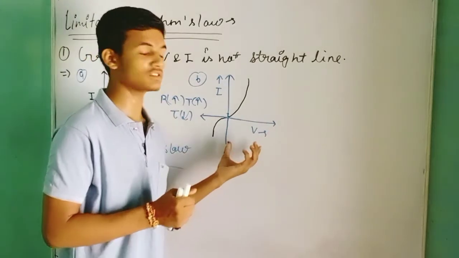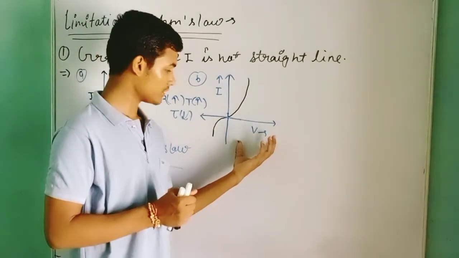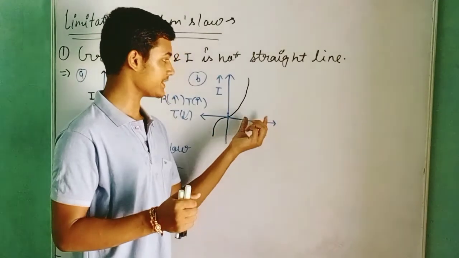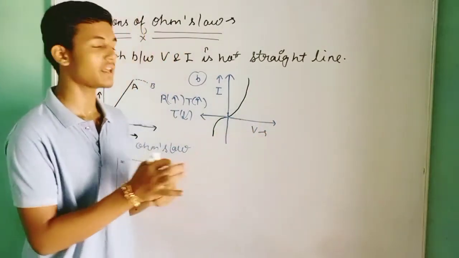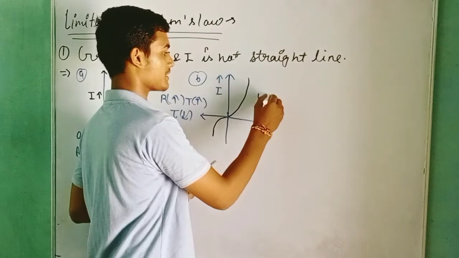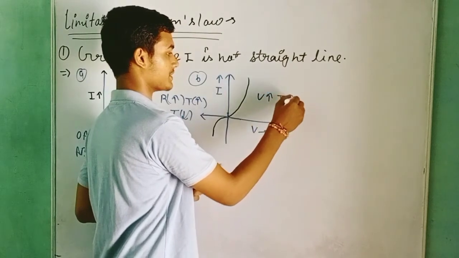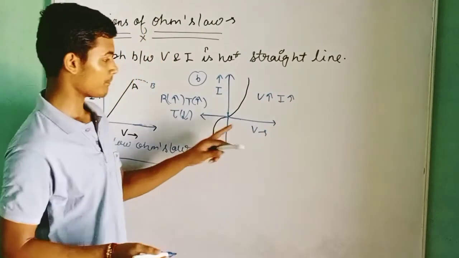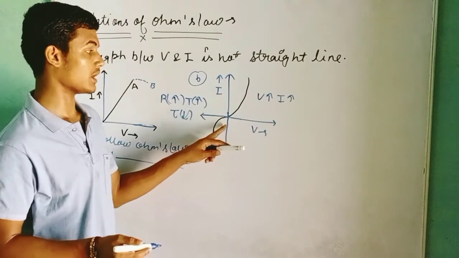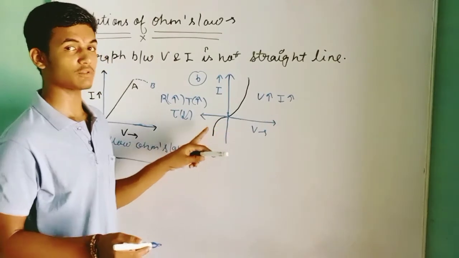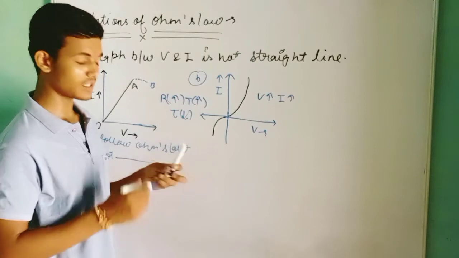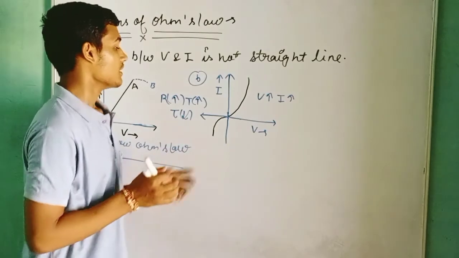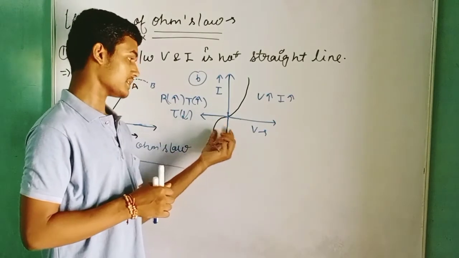When V goes in the positive direction, V increases and I also increases. But when we go in the opposite direction, the negative direction, we see I decreases.